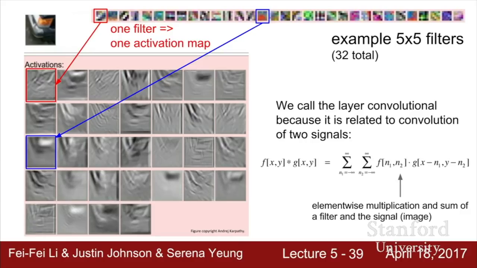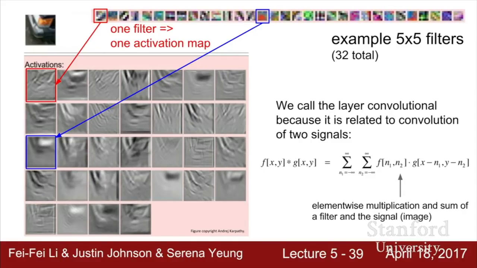If we look at this first one, this filter with a red box around it, we'll see that the template looks like an oriented edge. And so if you slide it over the image, it'll have a high, more white value, where there are edges in this type of orientation. Each of these activation maps is the output of sliding one of these filters over the image, showing where this sort of template is more present in the image.